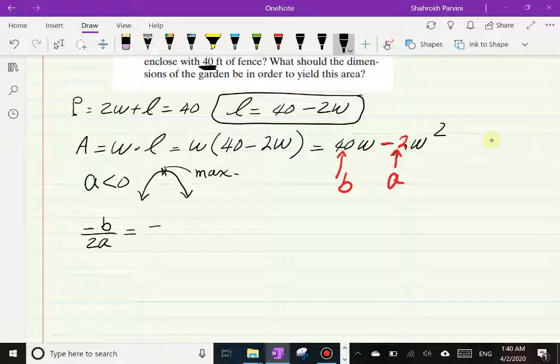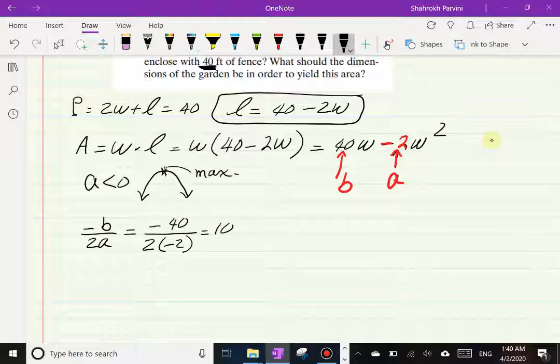That's going to be negative of 40, remember b is 40, divided by twice a, which is negative 2, and that makes it 10. Okay, and what we just found here is W, 10 feet. So the width of the rectangular garden should be 10 feet.